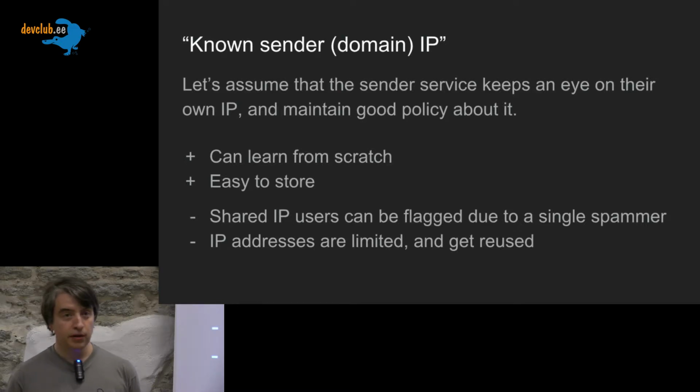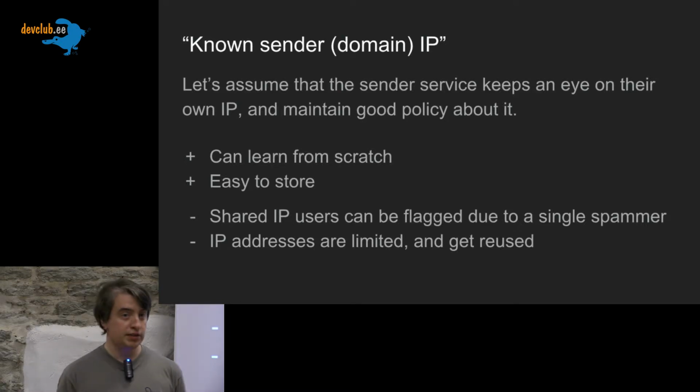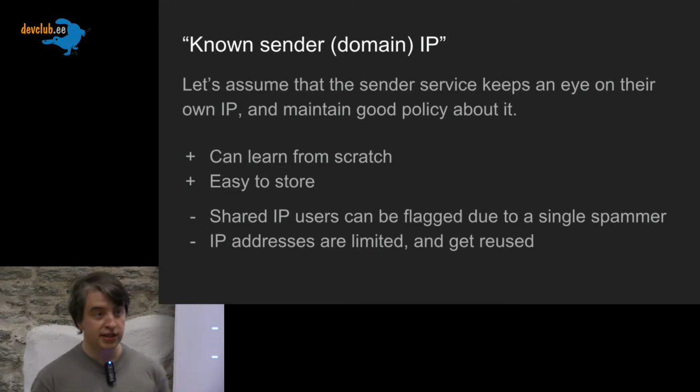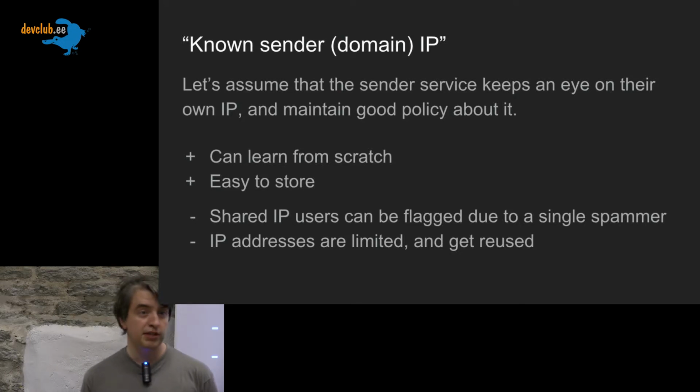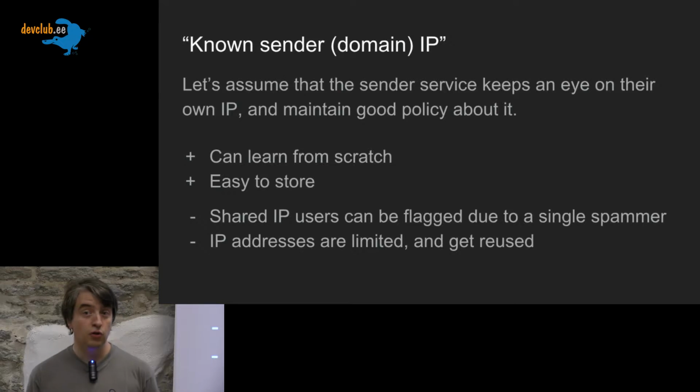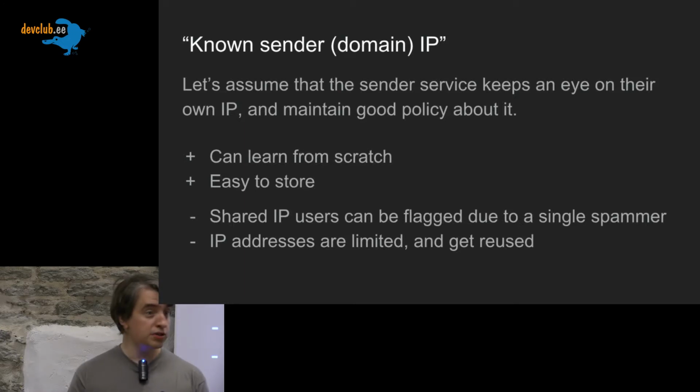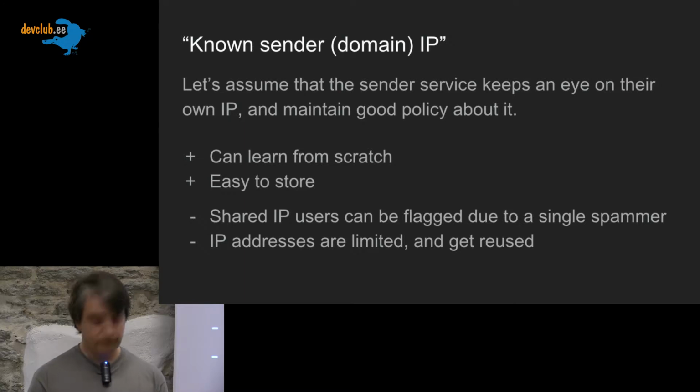If, for example, you put into your address book that Kirill is using Zone and Zone is always sending emails from the same IP, you can have some trust for that IP. But here the problem is that if you don't know me beforehand, you don't know my IP, so you can't decide. And of course, we travel a lot, so our IP can change.